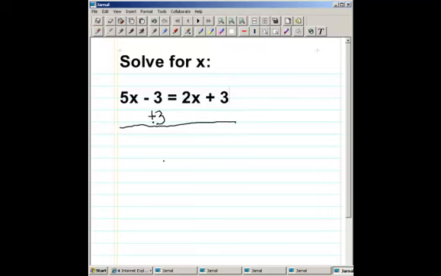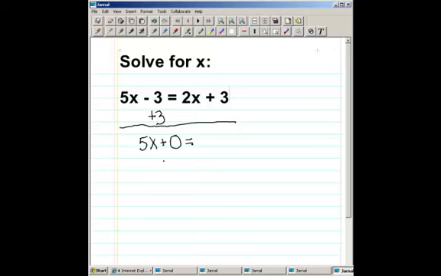So by adding 3 to the left-hand side, I have created a problem in which there is only a 5x term remaining, because negative 3 plus 3 will cancel and become 0. So literally, I have 5x plus 0.